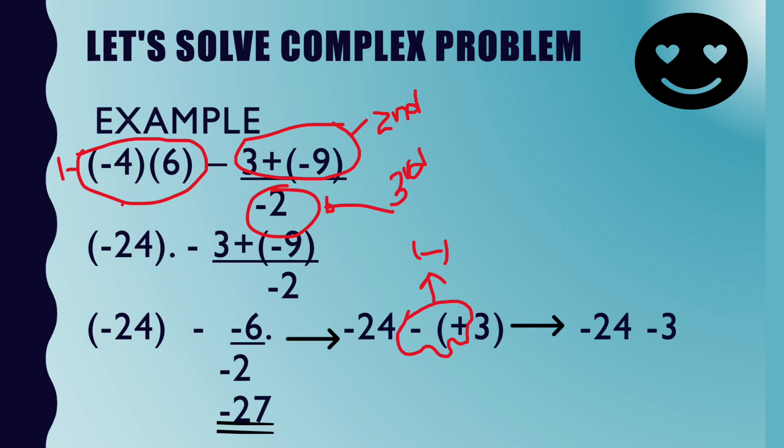I just leave the minus 2 as it is because I don't want to mess with that. Now I wrote again minus 24. Here I didn't do anything with the number 2 yet. I'm going to divide it.